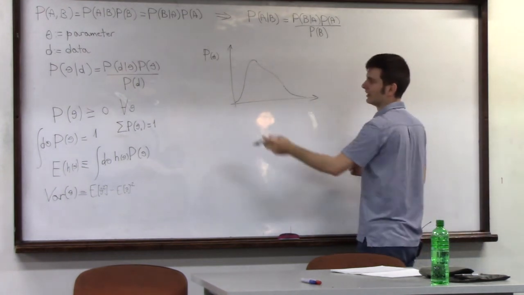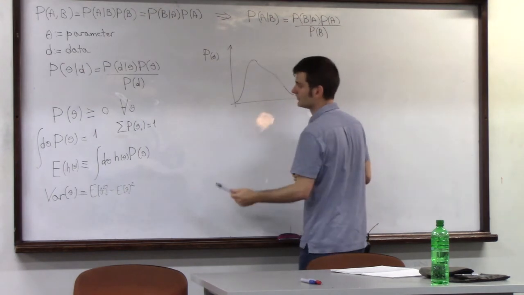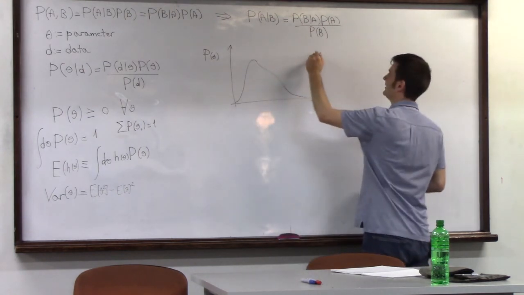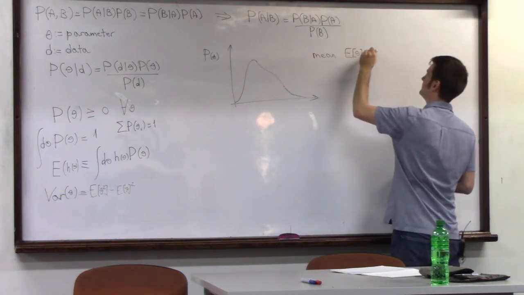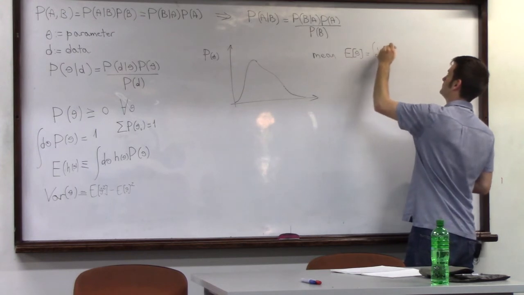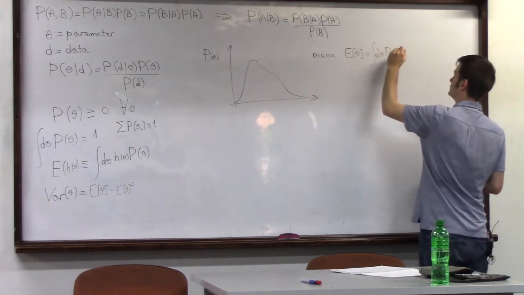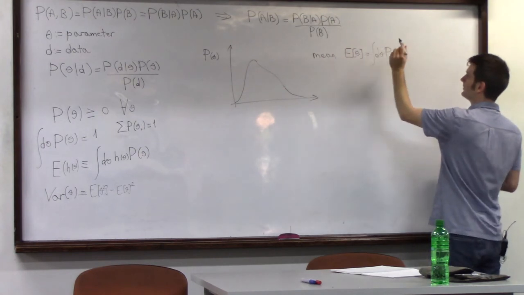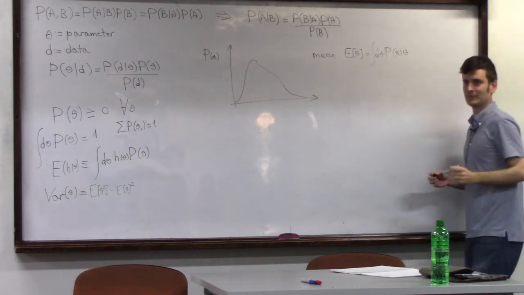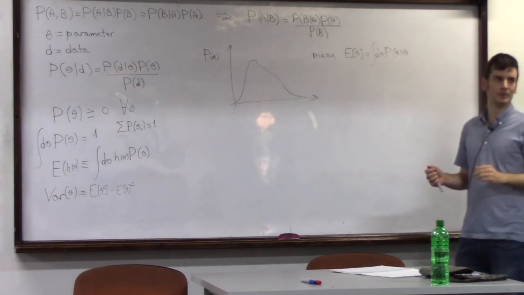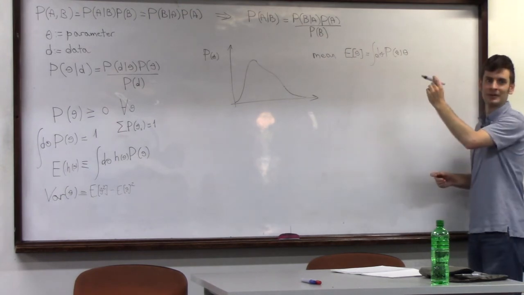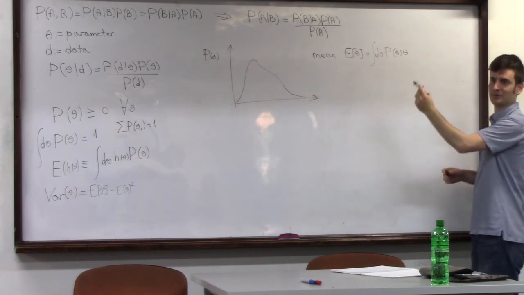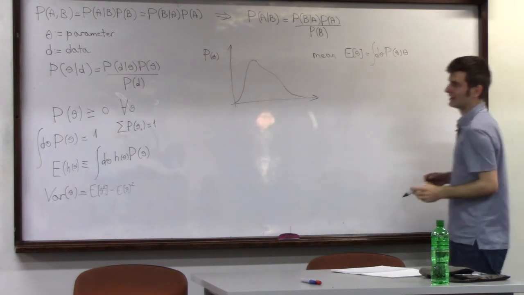The mean is the expectation value of theta, the integral of the probability times theta. So for our problem, what is the mean? The mean of a Gaussian is the parameter mu.